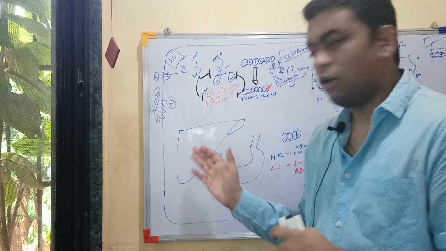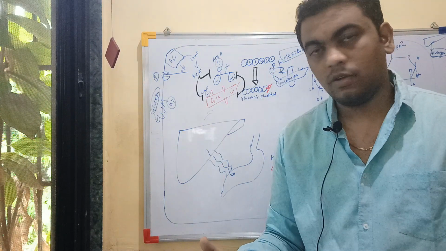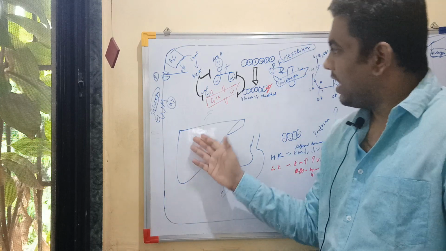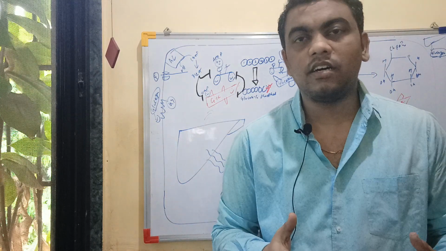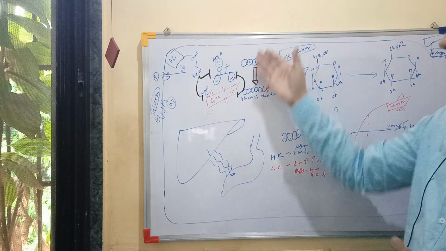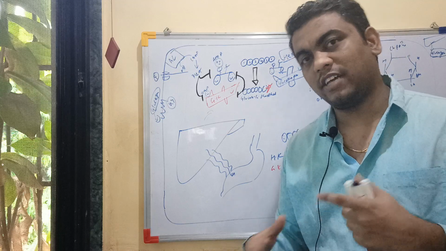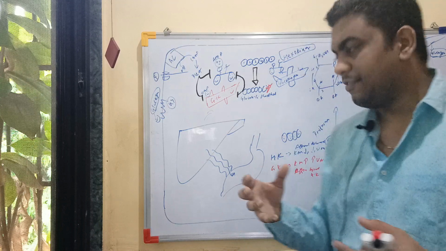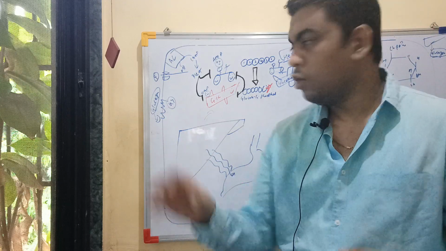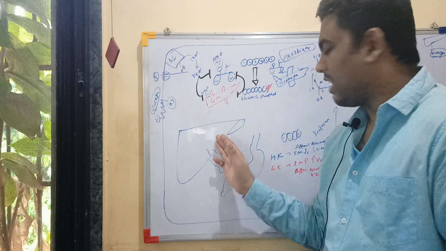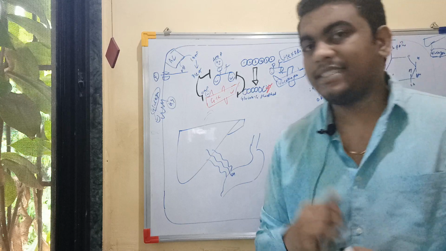The liver thinks about blood glucose first. If blood glucose level is high, it will take this glucose and convert it into ATP and different molecules, and store it in the form of glycogen. And when it is necessary, it will give this glucose to other parts of the body, into the general circulation. Liver cares about everyone.